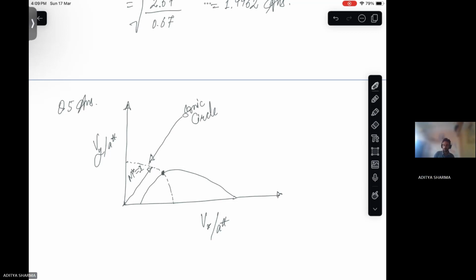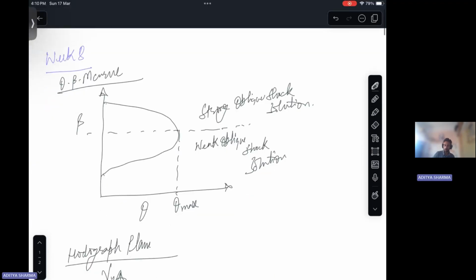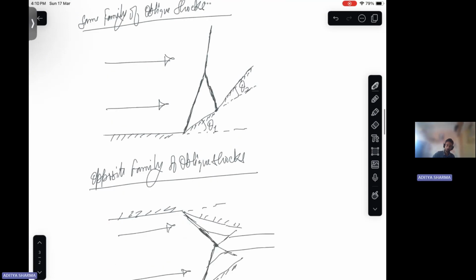If we see from the graph, it appears that this sonic circle cuts this shock polar at theta max, right? So we have seen in this theta beta M curve, if you see the theta beta M curve, here this is theta max. Below this there are weak shock solutions for some theta value, right? Now we see our shock polar.